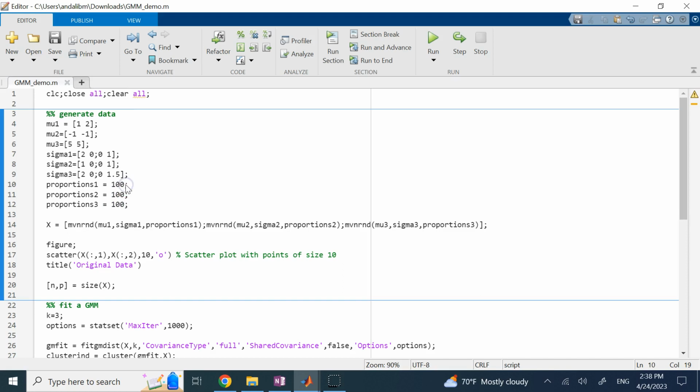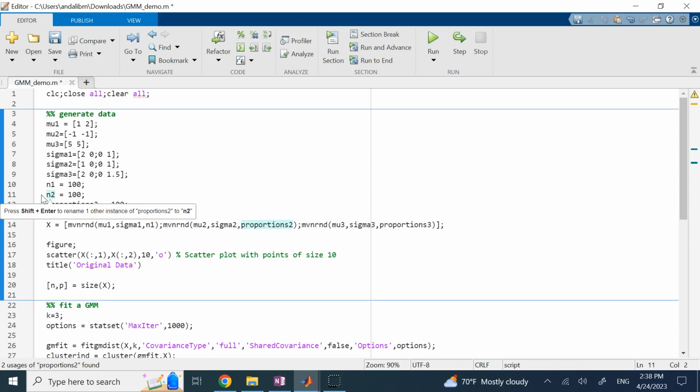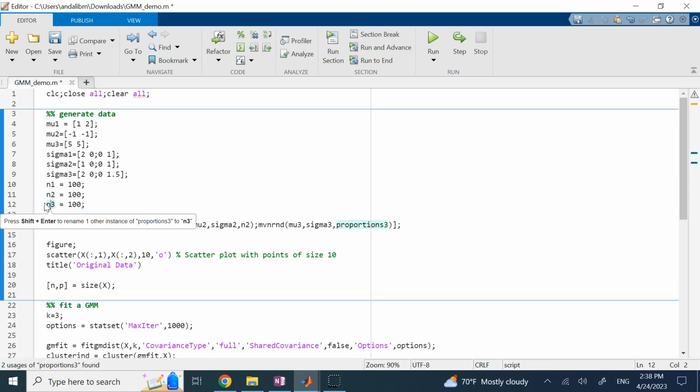So the proportions are really 1/3 here. If you want, instead of proportion 1, I can call it num1, right? That does make a little more sense. Let's not call it that, and let's change this one, and this one.